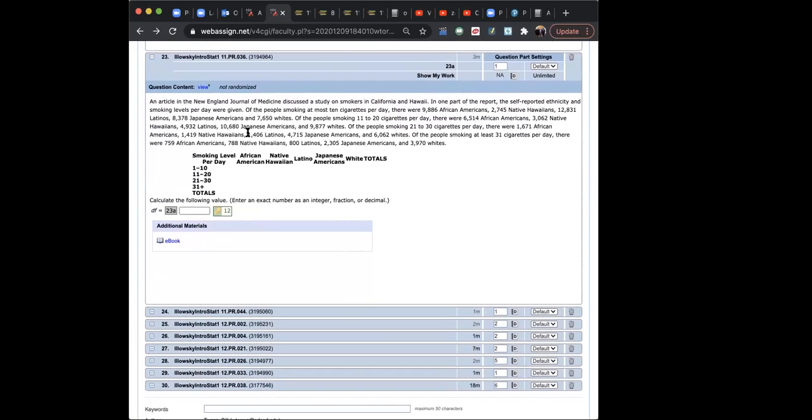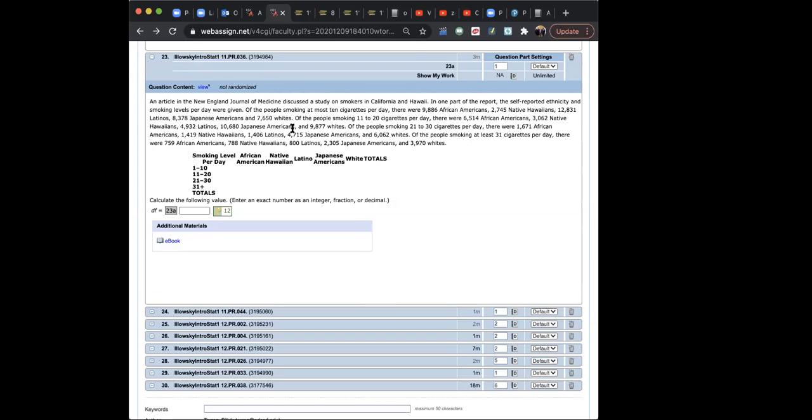An article in the New England Journal of Medicine discussed a study on smokers in California and Hawaii. In one part of the report, the self-reported ethnicity and smoking levels per day were given. Now, the rest of the verbiage here describes the statistical samples by ethnicity.